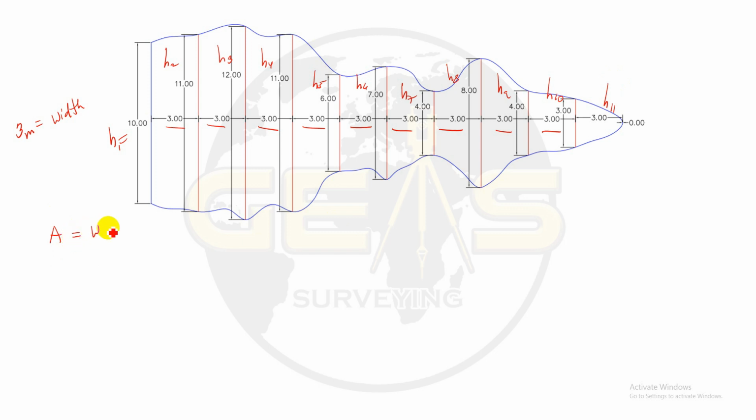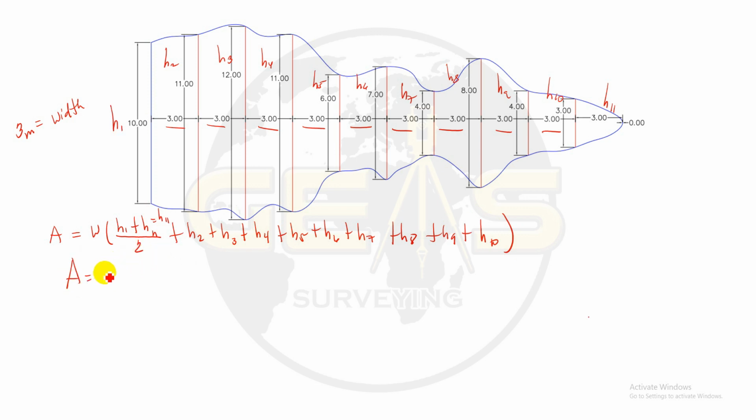Area is equal to width times H1 plus H sub n, the last measurement, all over 2, plus H2 plus H3 plus H4 plus H5 plus H6 plus H7 plus H8 plus H9 plus H10. Here H sub n is H sub 11.